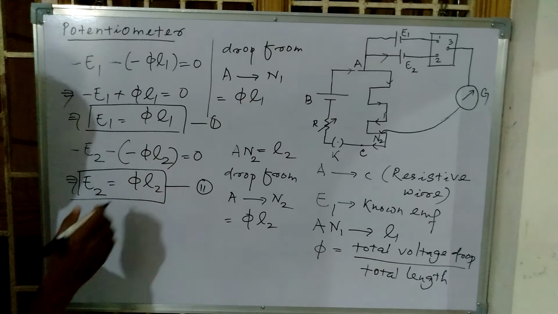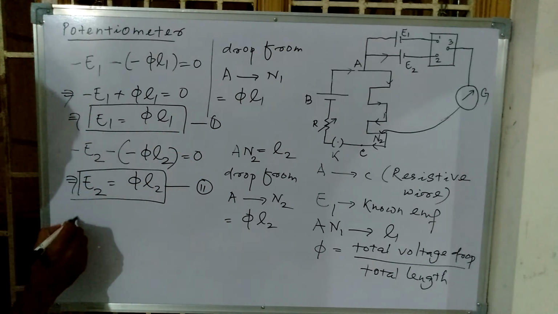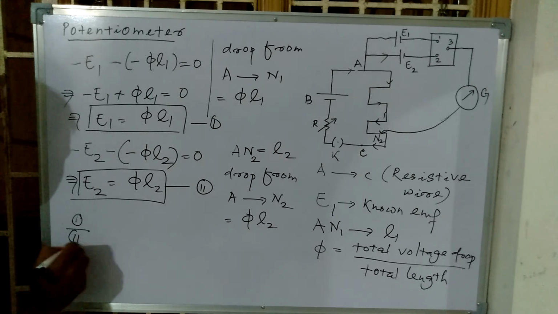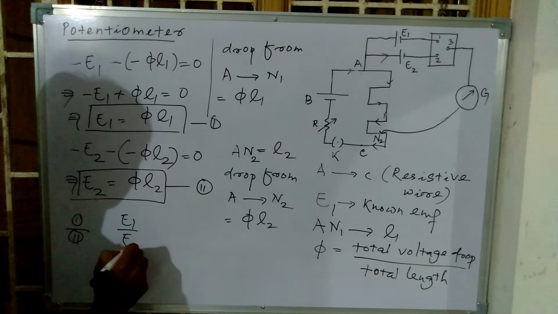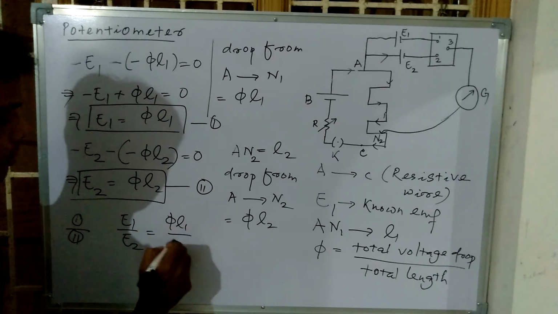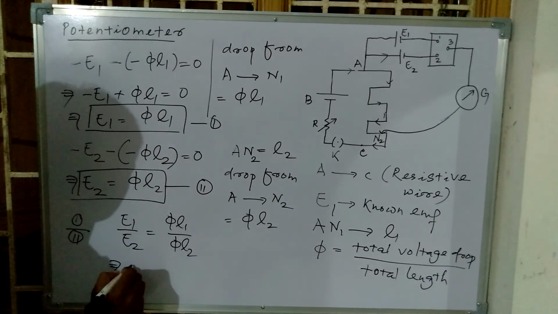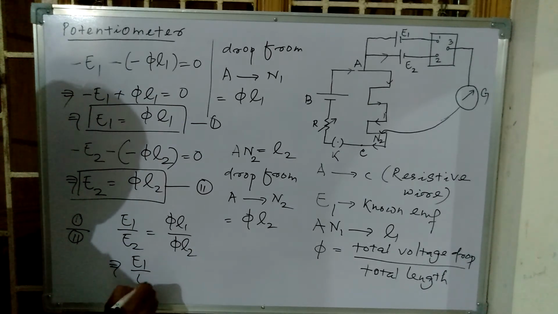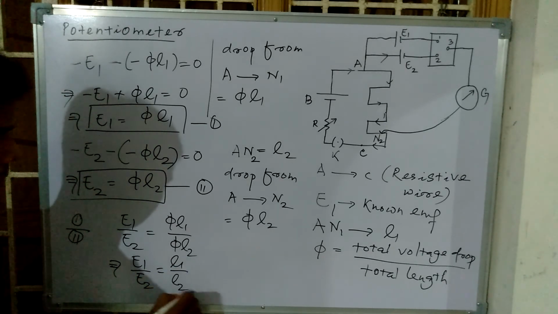Now if you divide equation 1 by equation 2, it will be E1 by E2 equal to phi L1 by phi L2. This implies E1 by E2 is equal to L1 by L2.